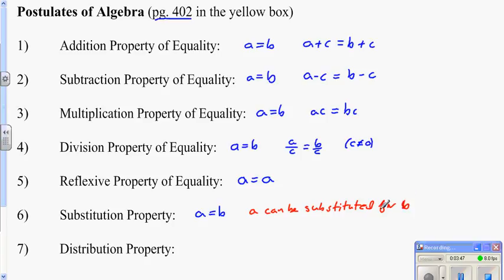I could substitute A in for B, or B in for A. So it goes both directions, and that's substitution. The distributive property says that if I have A, parentheses B plus C, that's equal to, if I distribute this A, I'd get AB plus AC. Now these are all postulates, and they are justifications we can use in proofs that we're going to make.